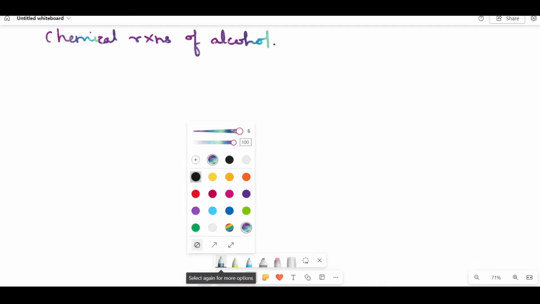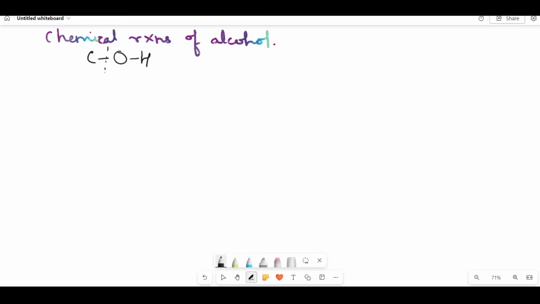I'll take some black color pen. So let us see, C, O, H. Let us see what happens when there is bond fission of C and O. There are different types of reaction that take place due to CO bond fission, that is when the alcohol behaves as an electrophile.